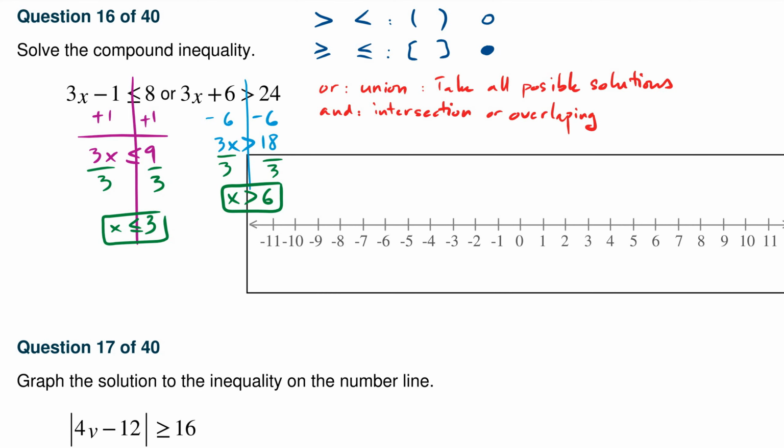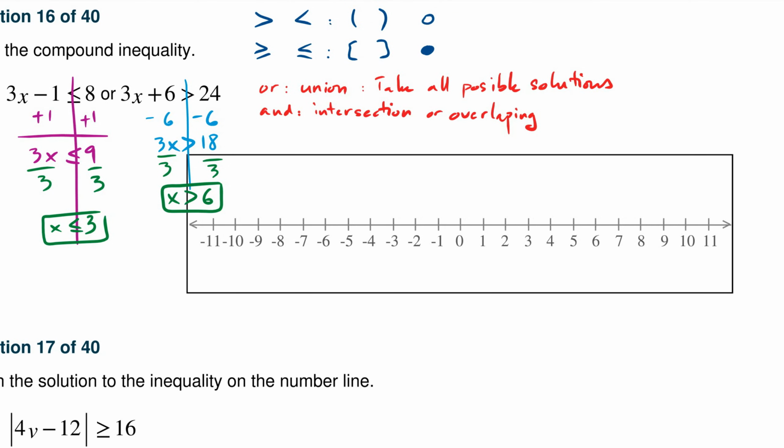Alright, then we're going to graph this. x less than or equal to 3. At 3, we have less than or equal to, so that will be a bracket or a closed circle, either one. We're going to go to the left. x greater than 6.